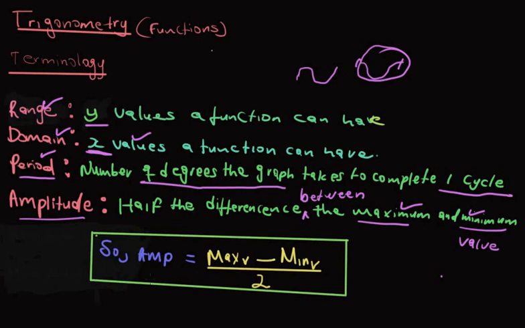So how do we get the amplitude? It's maximum value minus the minimum value divided by 2, because we say it's the difference, so that's why we're using the minus sign. So I guess this was clear.